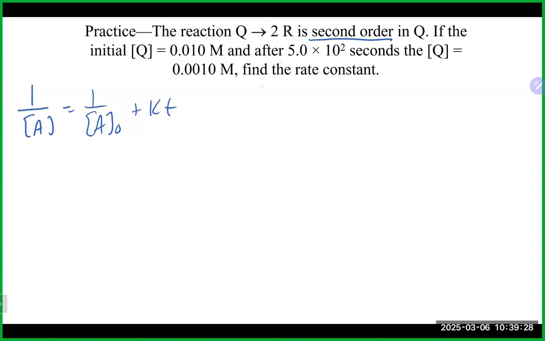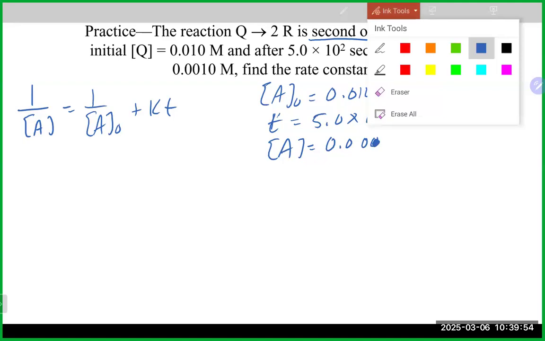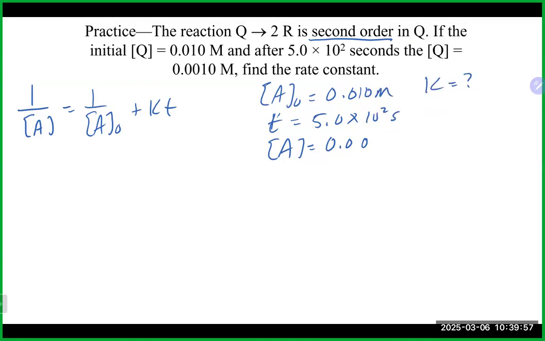In this case, we do have the initial concentration given to us of 0.01 molar. We do have our time, 5 times 10 to the 2 seconds. We are looking for our rate constant here, and we have our final concentration of 0.001 molar.